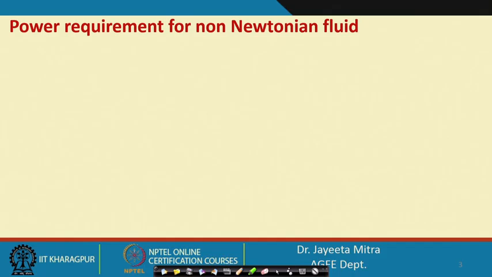In the last class we saw the power requirement for a Newtonian fluid rotated inside a tank of baffled or unbaffled condition. So, what will be the power requirement and how the different power requirements can be related with dimensionless parameters or dimensionless numbers. Those are based on the geometry of the tank and also on the fluid properties.